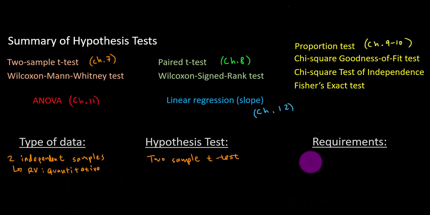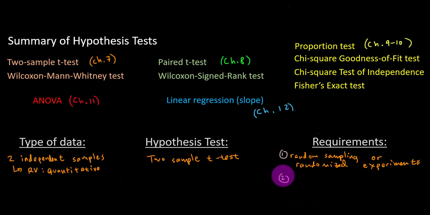I'm going to number these as well. So number 1, in no particular order really. Remember, we need random sampling, or the data needs to be the result of a randomized experiment, where the experimental units are randomly allocated to their treatment.